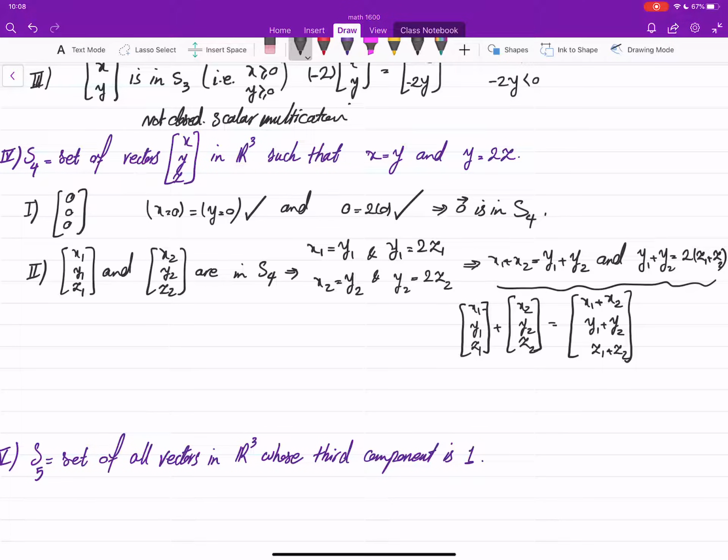So this means that yes, the addition is in S4, so it is closed under addition.